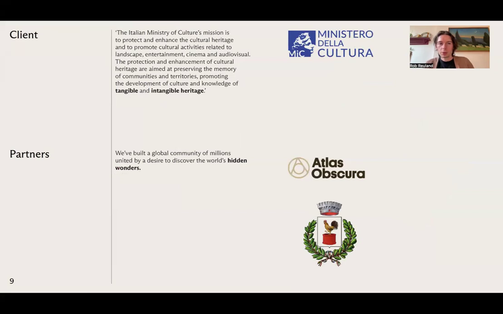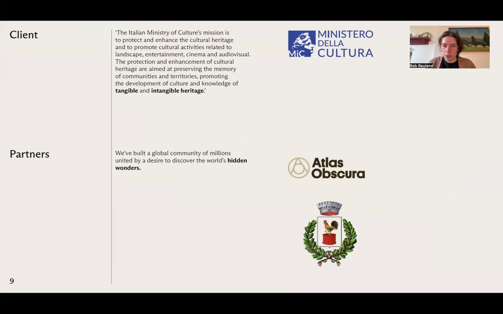The natural client for this project was the Ministry of Culture, the Ministero della Cultura, as they are actively engaged with promoting and preserving this Italian culture that's so apparent in these ruins and these other historic spaces. They work with museums and ruins, as well as some more modern artistic mediums such as film.